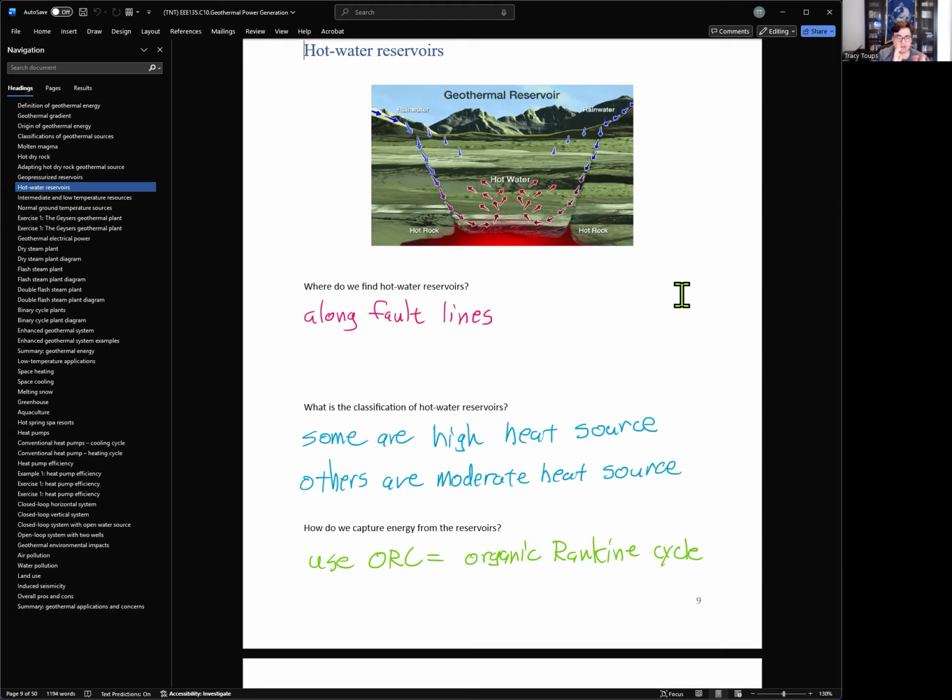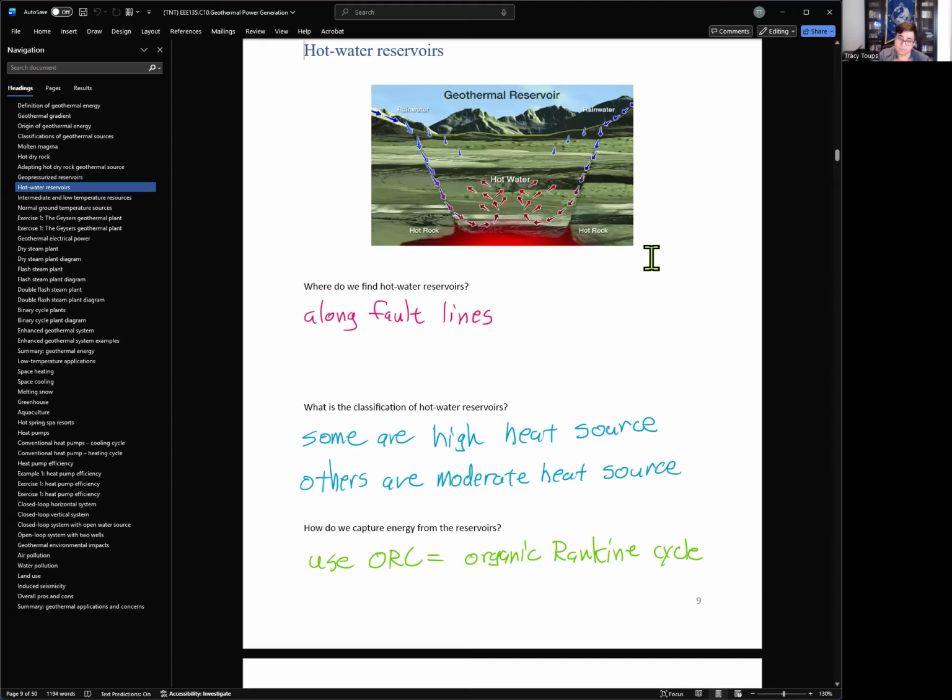We typically find them along fault lines because there has to be a natural crack for the water to seep into. So think about rain in the mountains. It flows down in a river into a valley, and this valley will happen to have cracks in the ground that the water will seep all the way down, hit this hot rock, and then flash over to steam, and it will kind of collect right here as hot boiling water. Okay.